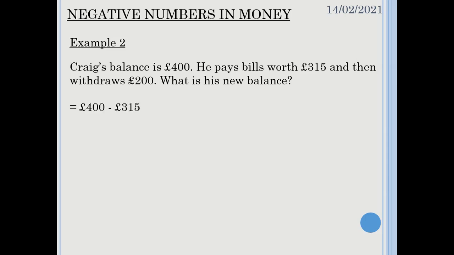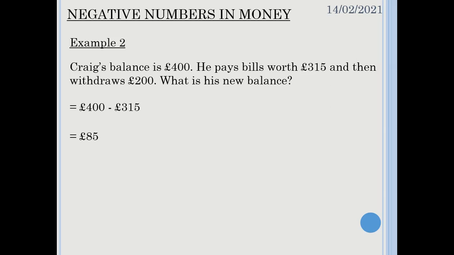So the first thing we need to do, if he's paying bills, remember back to when we looked at income and expenditure. If he's paying a bill, it's expenditure. It's going to be a subtract. So we've got 400, take away 315, which is equal to 85. So it's £85 in his bank account.